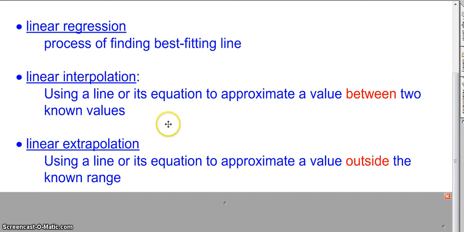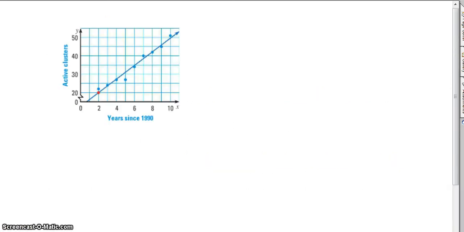Okay, so it's using our best fitting line to draw conclusions, either inside of the range that was given by the scatter plot or outside of the range. Okay, you're not going to draw this, but as an example, this is a piece of data on page 327 in your book, and it's talking about over the number of years how many clusters of birds are found.